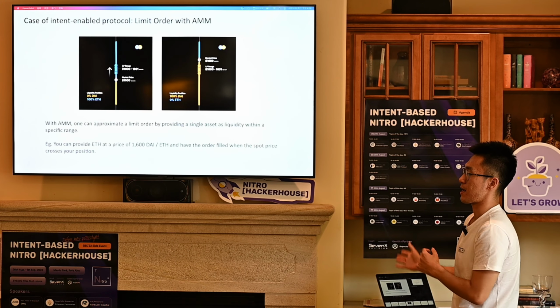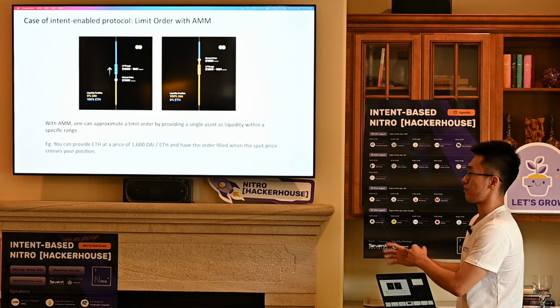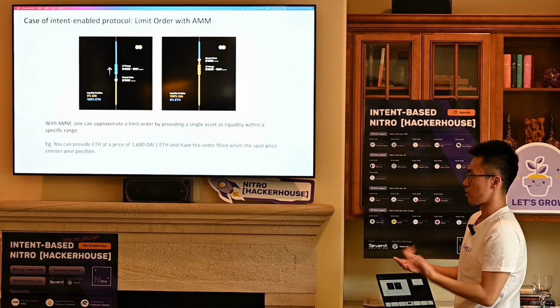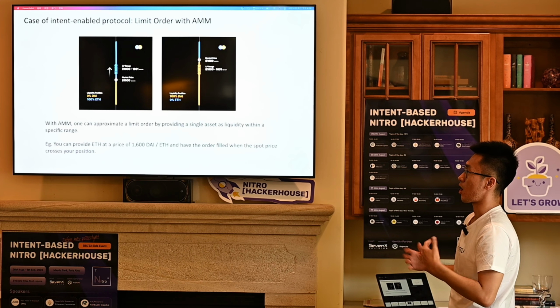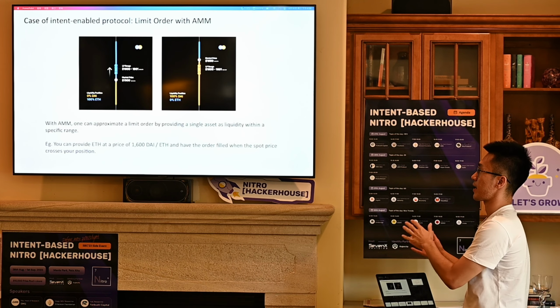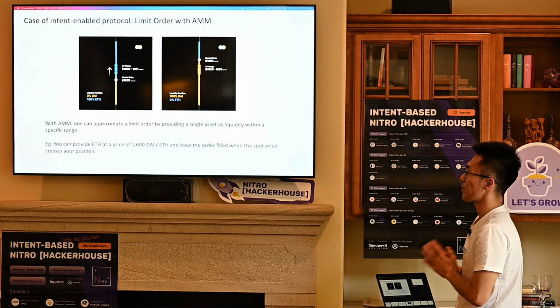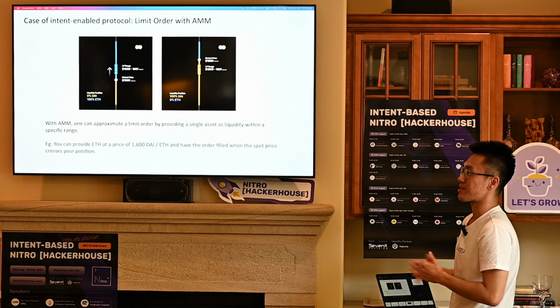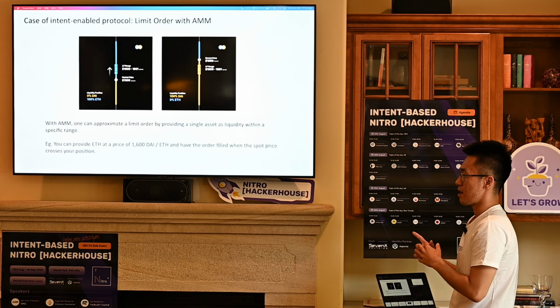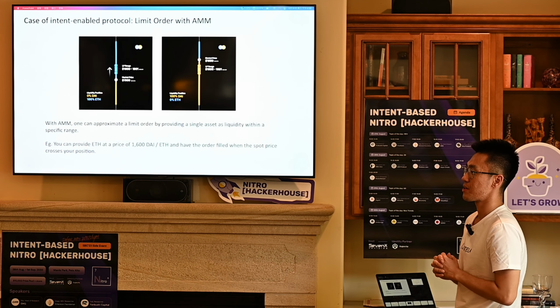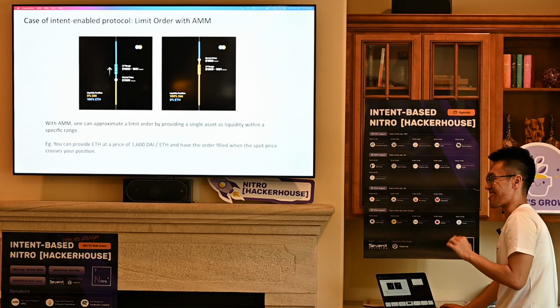It's more complex, but more commonly used in Web2 exchanges. But we can see Uniswap, 1inch, or CoW Protocol actually use their AMM design to achieve on-chain limit orders. It's really an amazing innovation, and it can be a role model for the intent-enabled protocol. So we want to start from here.